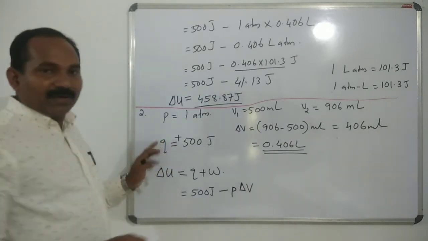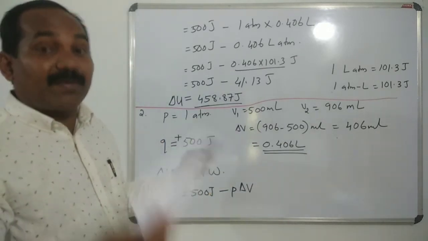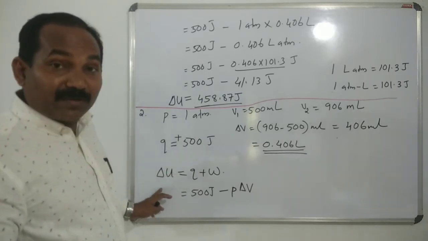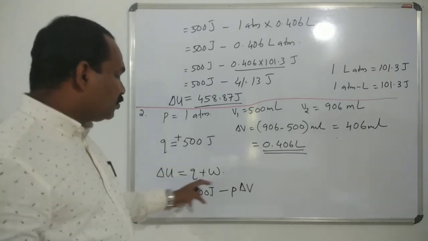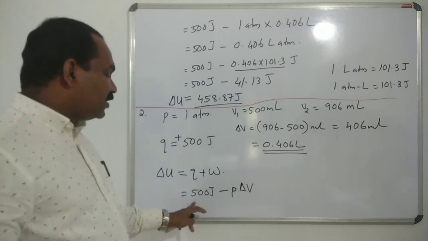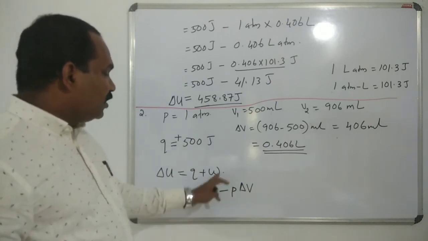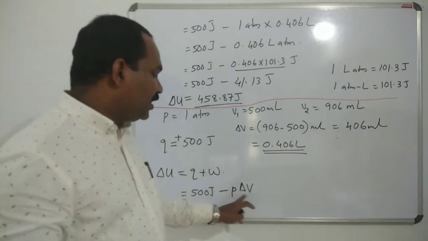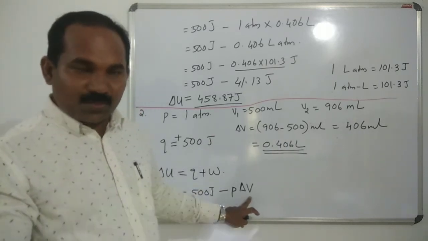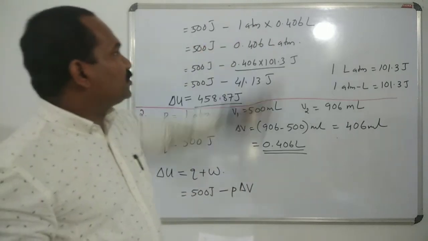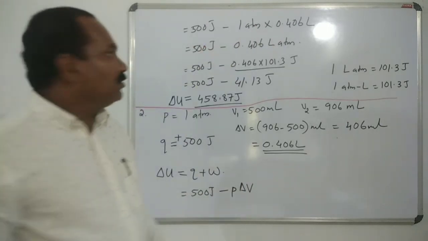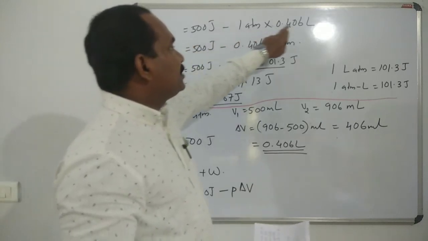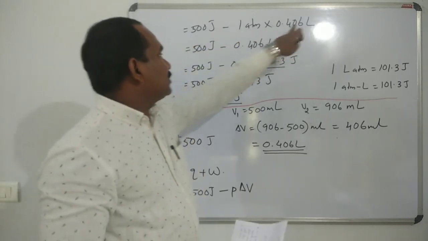Then Q is given 500 joule energy absorbed, that means positive sign. And according to first law of thermodynamics, ΔU is equal to Q plus W. Q is equal to 500 joule, W is expansion work, that is minus PΔV. By substituting the values, we get 500 joule minus 1 into 0.406 liters.